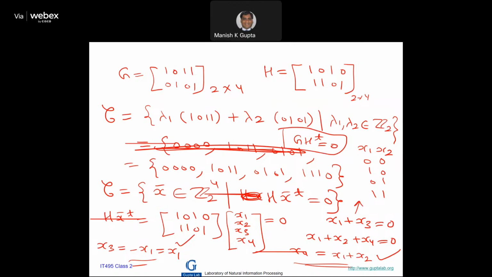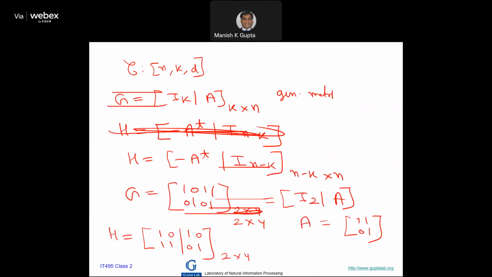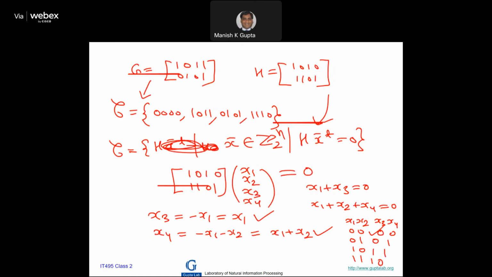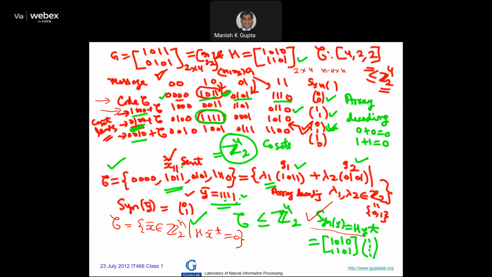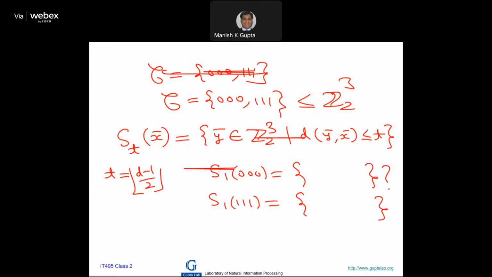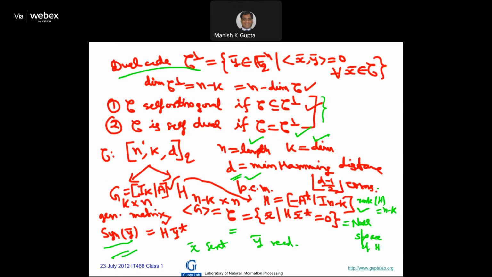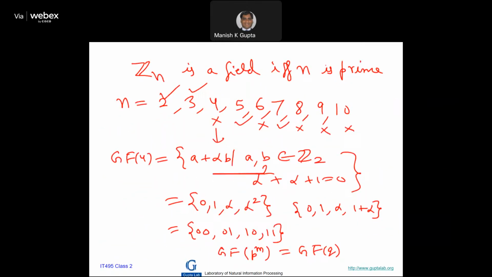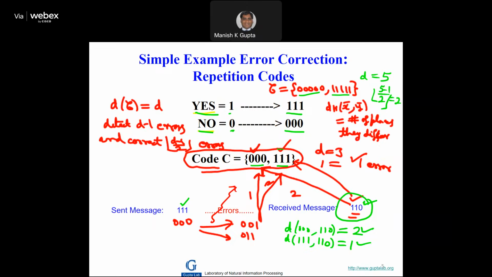Now, when we want to decode it, remember that example of the repetition code. For this repetition code, you remember, we used this idea of the Hamming distance.